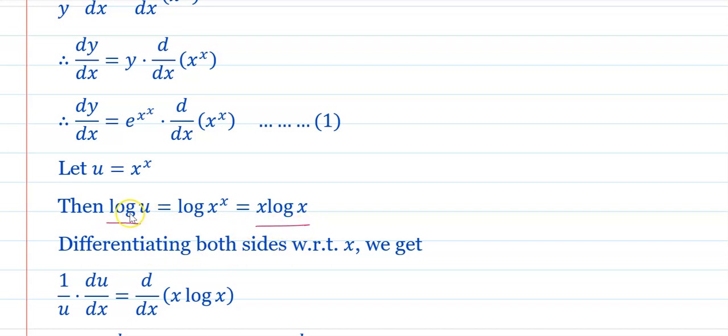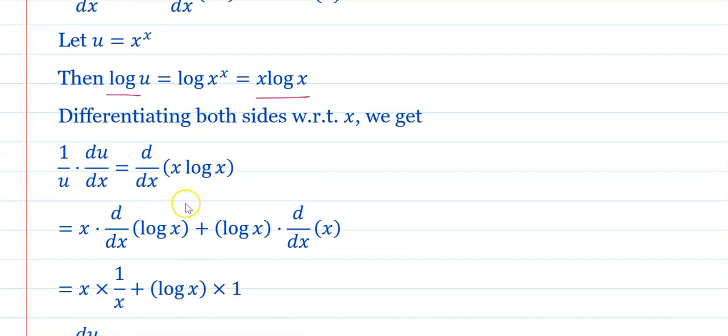The derivative of log of u is 1 upon u into du by dx, that is equal to d/dx of x into log x. You keep the first x as it is, derivative of log of x, plus log of x as it is, derivative of x. Log of x derivative is 1 upon x, so x into 1 upon x plus log of x as it is, derivative of x is 1.